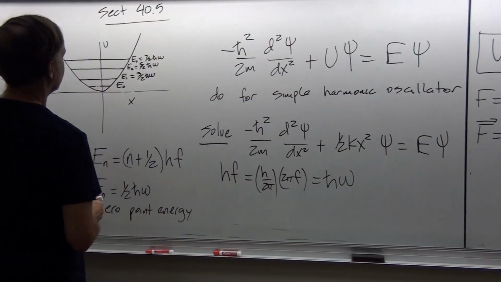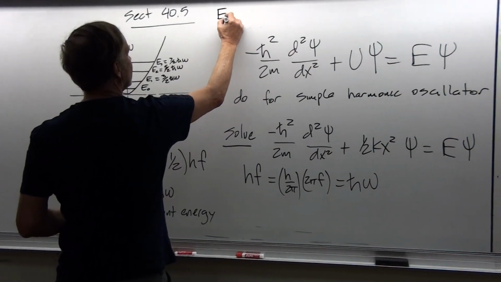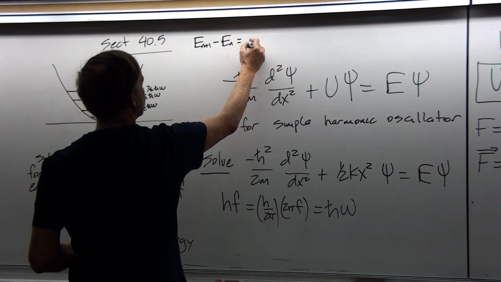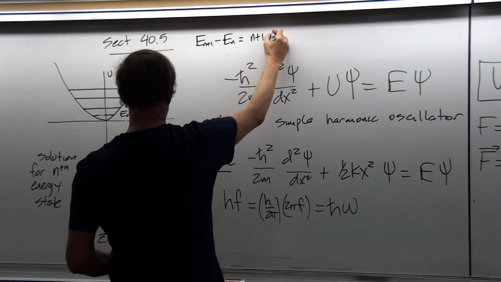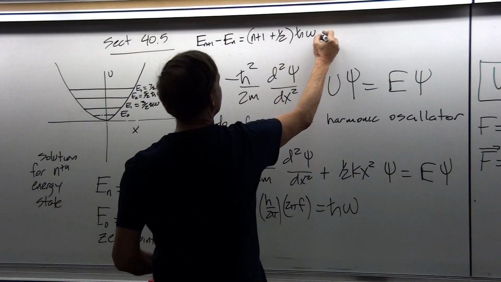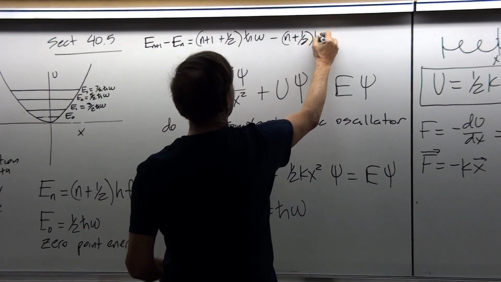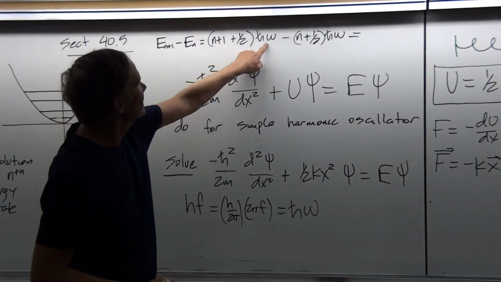Now, what kind of energy would the harmonic oscillator give off? Well, interestingly enough, E of n plus 1 minus E of n is going to be n plus 1 plus 1/2 h bar omega minus n plus 1/2 h bar omega. And so the only thing that's left then is an h bar omega.